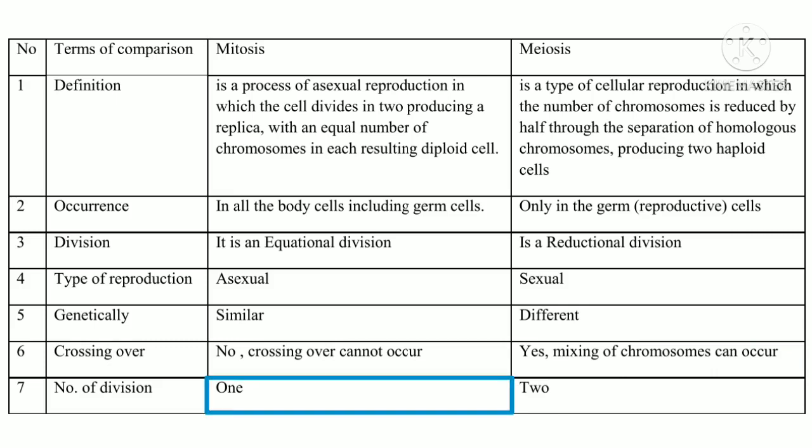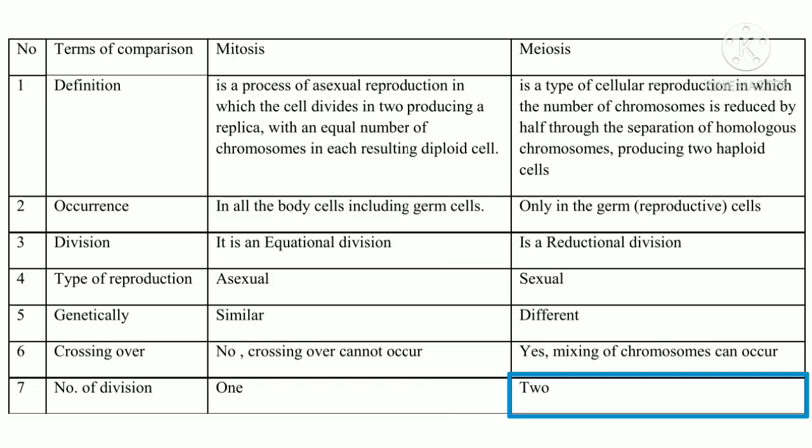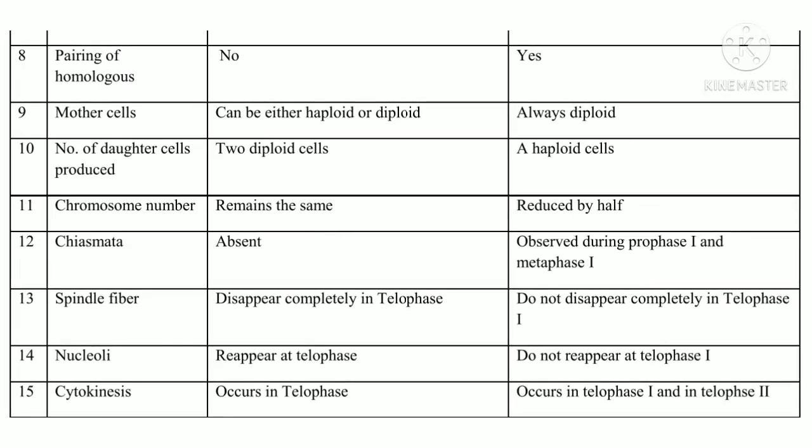Mitosis has one cell division, whereas meiosis has two cell divisions. A pair of homologous chromosomes does not occur in mitosis, whereas it occurs in meiosis.